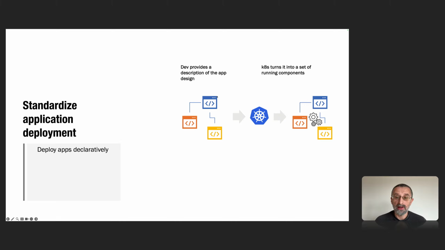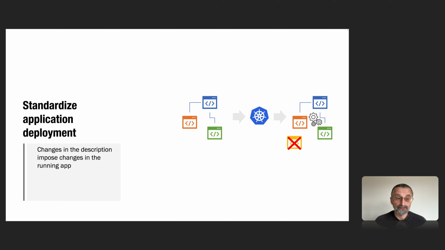So this is your app, and Kubernetes turns it into a set of running components and ensures that components keep running. So it restarts them, recreates them, scales them in case it is needed. So all the infrastructure aspects are hidden from you as a developer or operator.